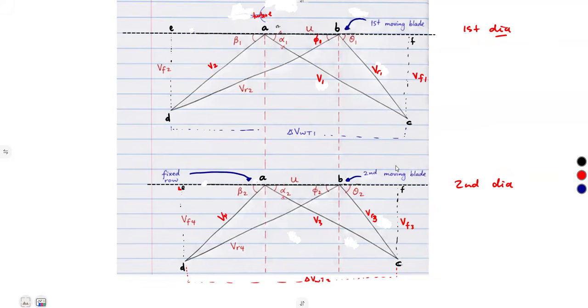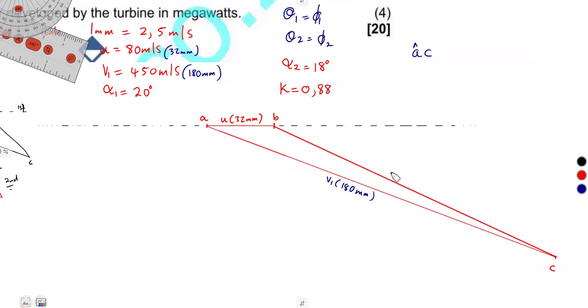So you simply join and measure that. We have got our VR1. Okay, so that's it. This is our VR1, which we measure. It was going to be close to 150 millimeters, actually, 150 millimeters. Okay, so that is it.